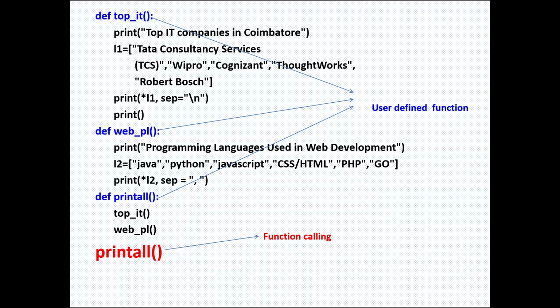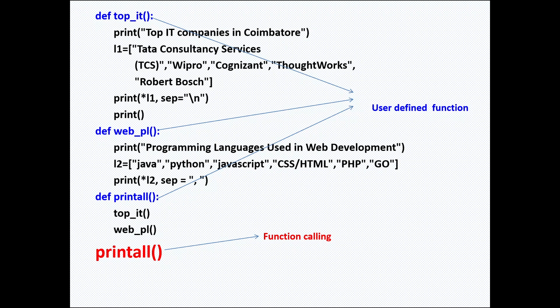The first line in the definition of the function is known as the header, and the rest is abbreviated as body. The header line will always end with a colon. The statements residing inside a function get executed only when the function is called.